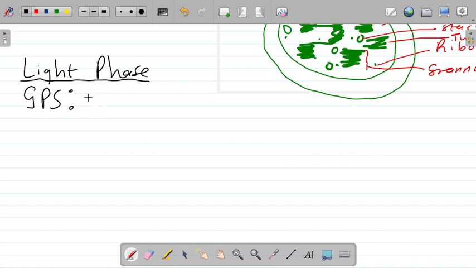Where does the light phase happen? In the thylakoid. Where's the thylakoid? In the grana. In each granum there are thylakoids. That's where light goes.